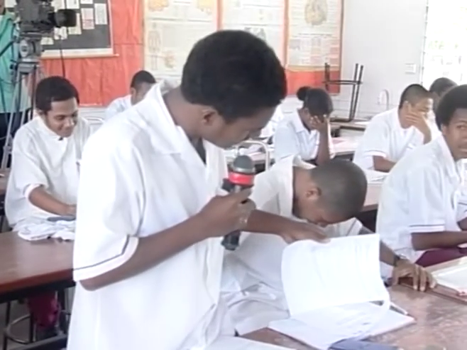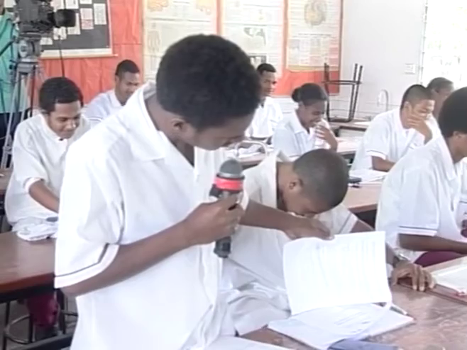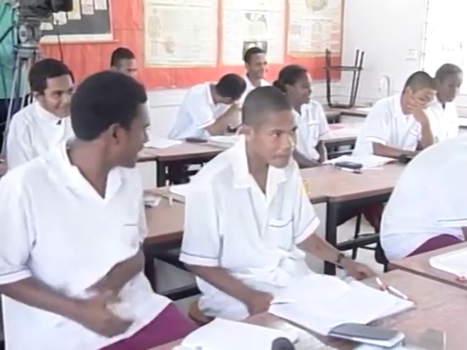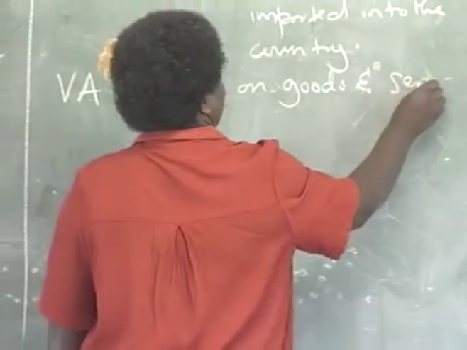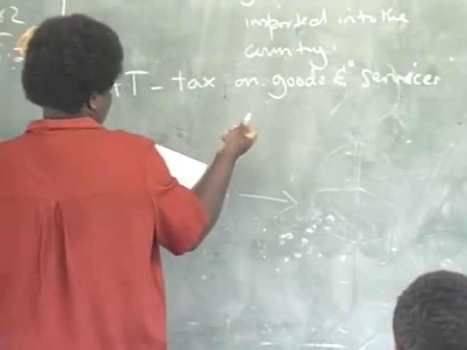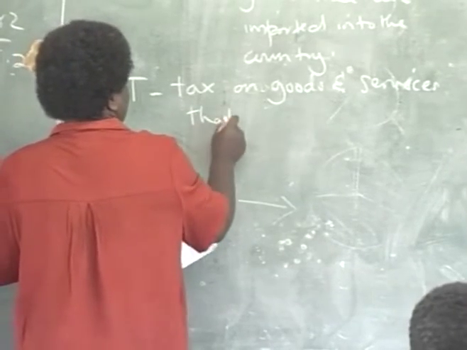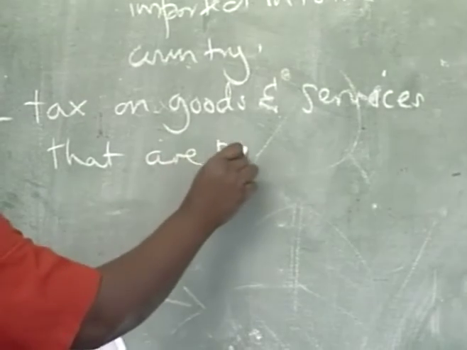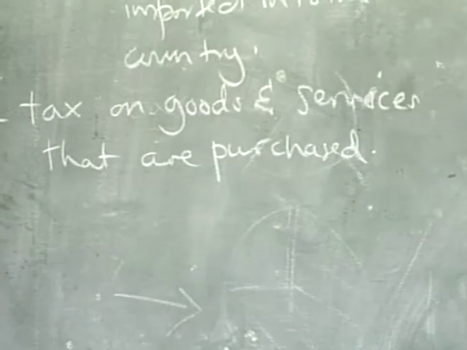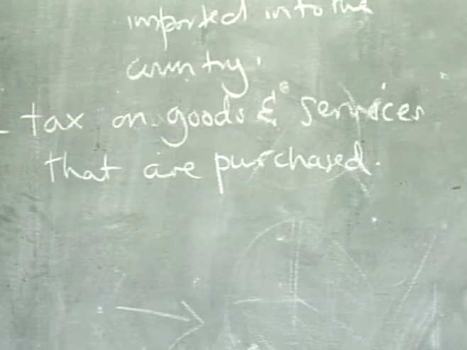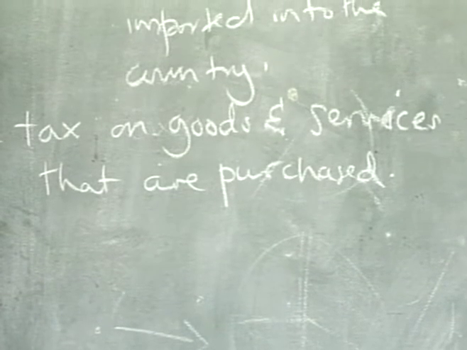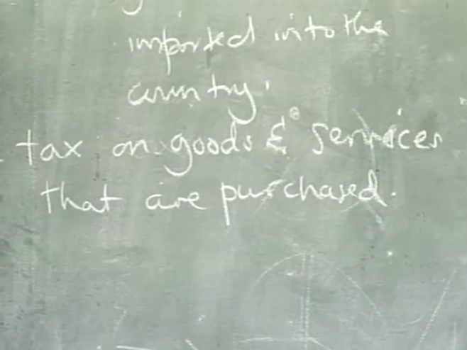Value-added tax is a tax on goods and services that are purchased. Okay, for every item that you buy from the shops, an amount of money is included, and that's called VAT. It's a tax that's imposed on goods and services.